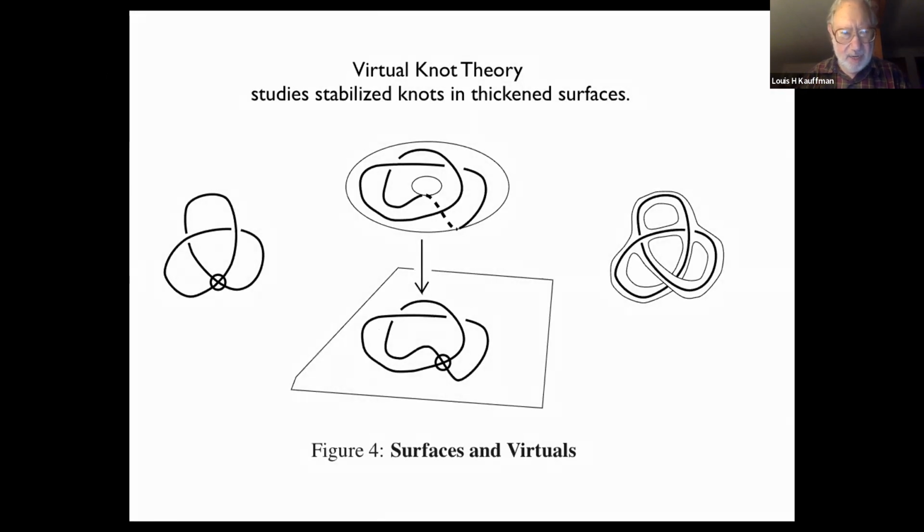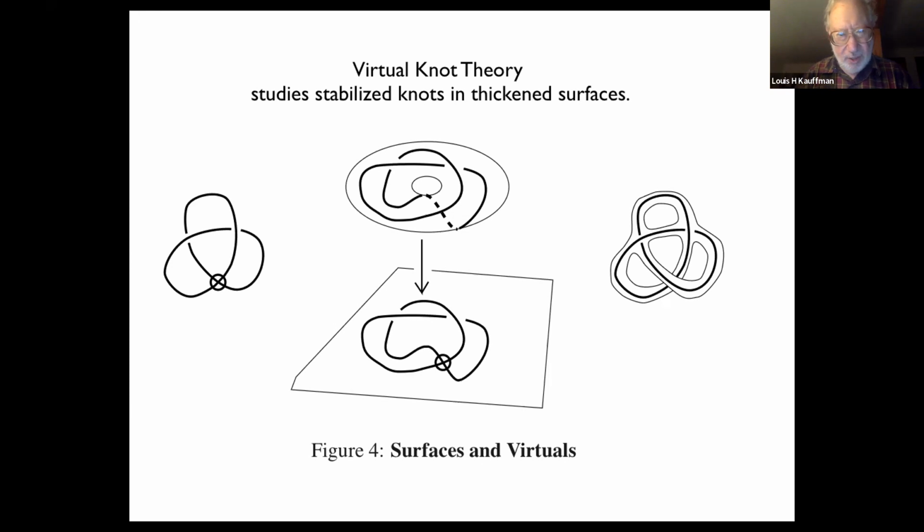The interpretation is in terms of knots in thickened surfaces. If you take your virtual knot, you can think of it as a projection from a knot which is living as a diagram on a surface or as an embedding in a thickened surface. And in fact, virtual knots taken up to the diagrammatic equivalences that I showed you a moment ago are equivalent to knots in thickened surfaces up to handle stabilization.